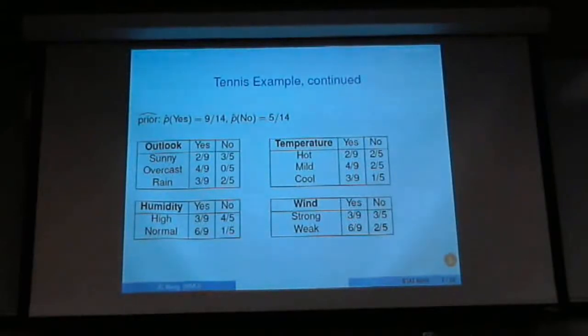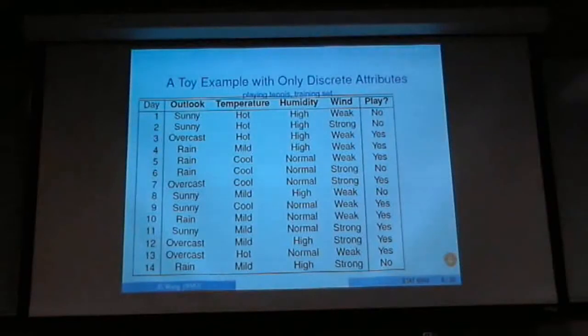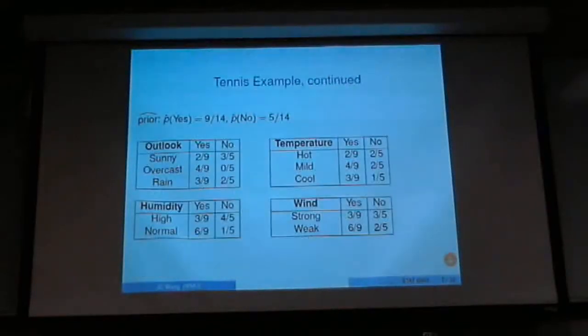Here, since we do not assume an a priori distribution, you look at the data. There are 1, 2, 3, 4, 5 nos and 9 yeses. So you just use that to estimate our prior.